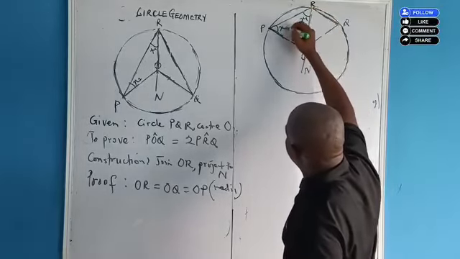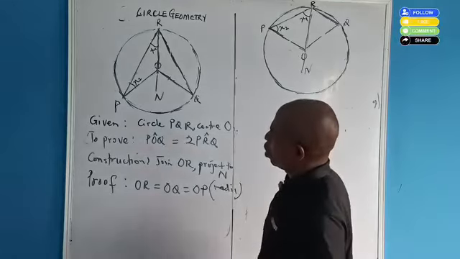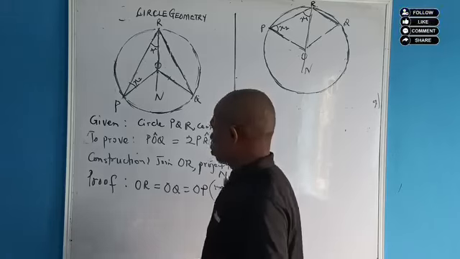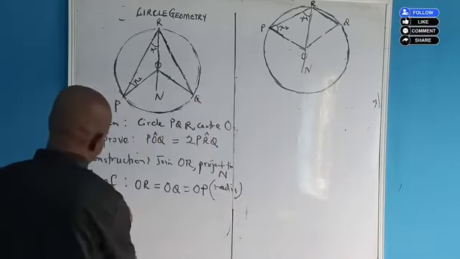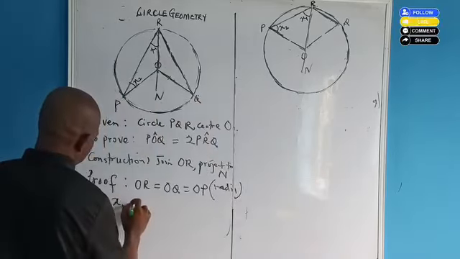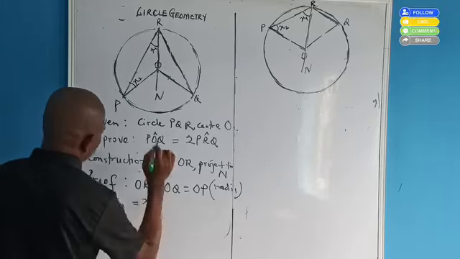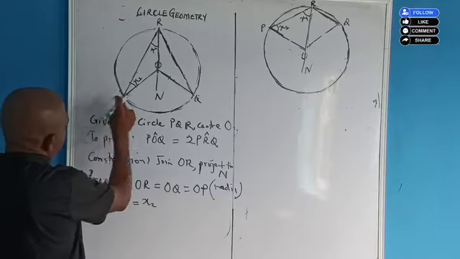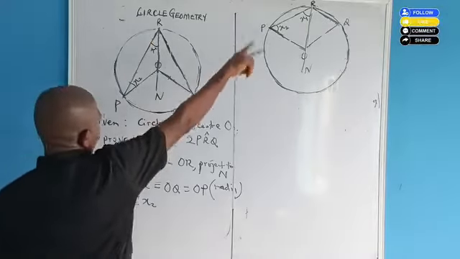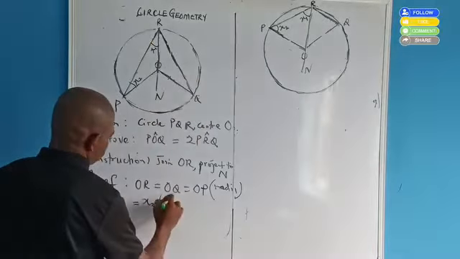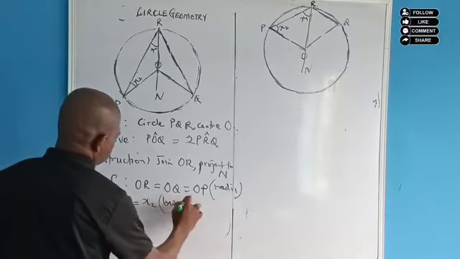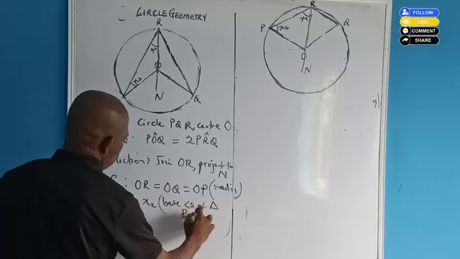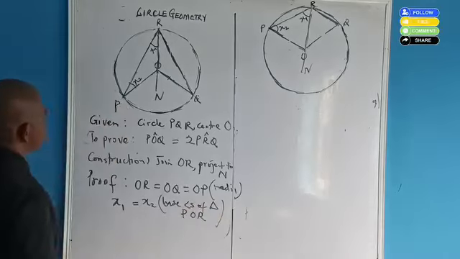We notice that x1 is equal to x2 because they are base angles of triangle POR. So we state the reason: base angles of triangle POR.